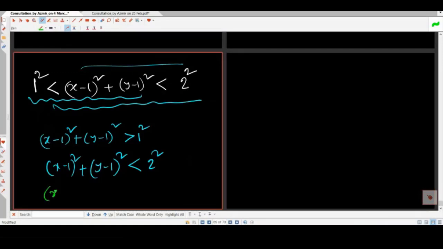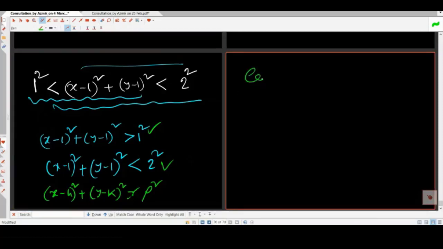It goes with (x − h) whole squared plus (y − k) whole squared equal to r squared, or rho squared. But this time we have greater than or less than, which doesn't matter, but it is giving us one circle for this one and another circle for the second one.